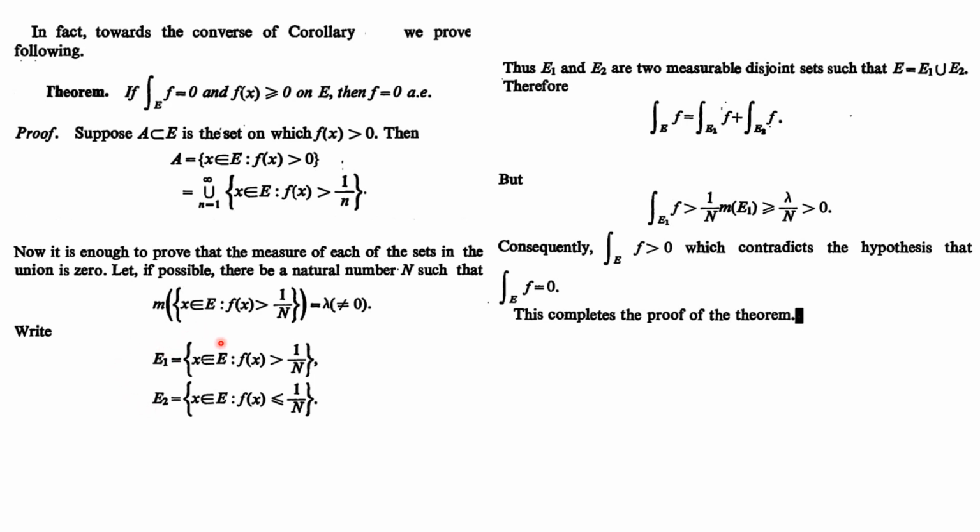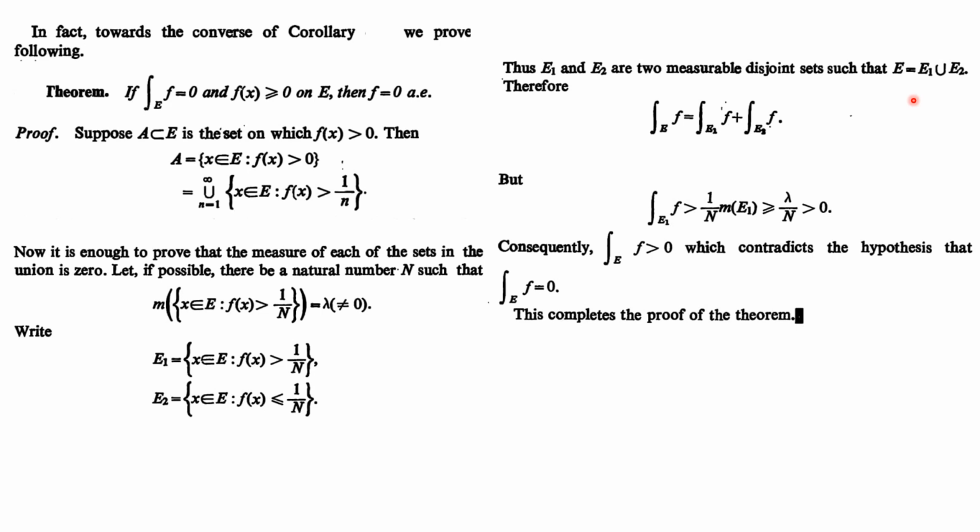E1 contains all those points of E where the function value is strictly greater than 1/N. E2 is those points where the function is less than or equal to 1/N. Clearly these two sets are measurable and disjoint, and their union is E. Thus E1 and E2 are two measurable disjoint sets such that E is equal to E1 union E2.